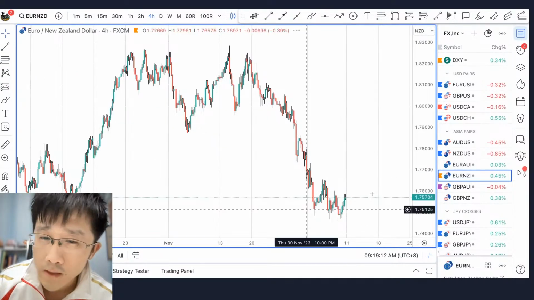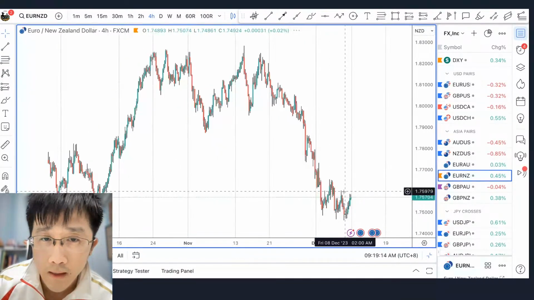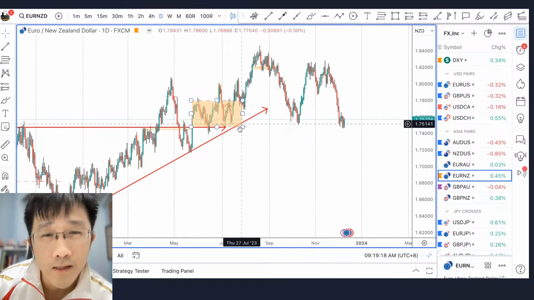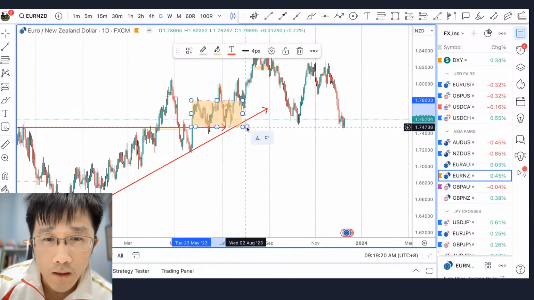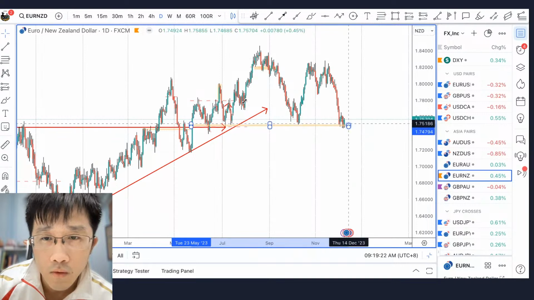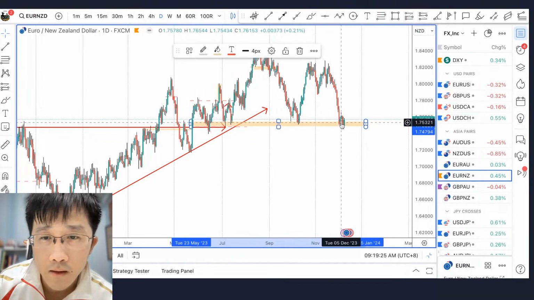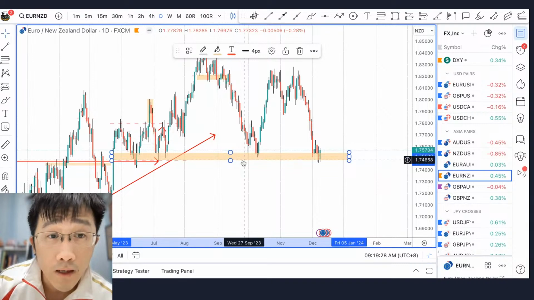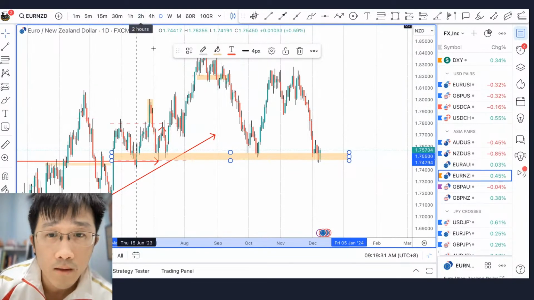For this one, I'm not too convinced, but it is at a good level for me to think of it as a long. But since I feel that Euro is still weak, I don't know.